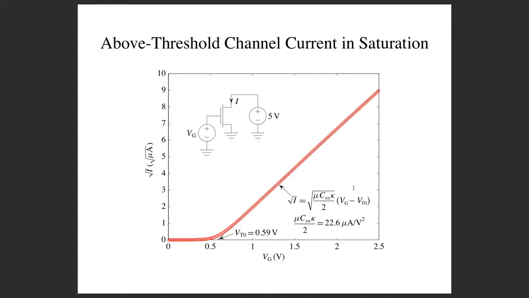They get a little bit less mobile than they are at lower gate voltages, and so this starts to bend over a little bit. But it's not a bad model.